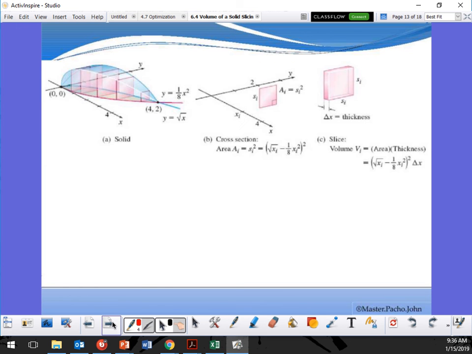Same thing, when you come up to the graph, you could actually see that each one is going to be a square. So when we figure out where they're bounded by, we could figure out that those two actually equal at 0 and at 4. So when I set them equal, I come up with that. So this whole thing comes from graphing it, but we don't have the 3D graphing on our calculator. And then each little piece in between is going to be a square. Find the area of a square, multiply that by my delta x, my thickness of whatever shape that would be for my cross section.